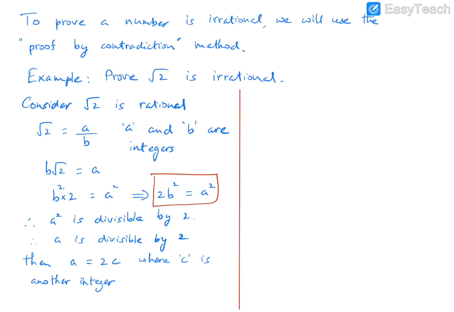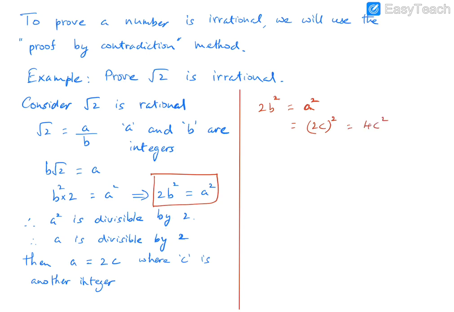So in place of a, we will substitute 2c and see what happens. Since a is 2c, we can write a square as 2c the whole square, which is 4c square.